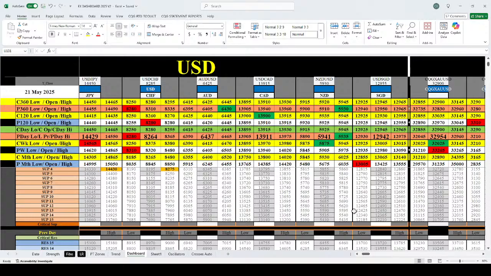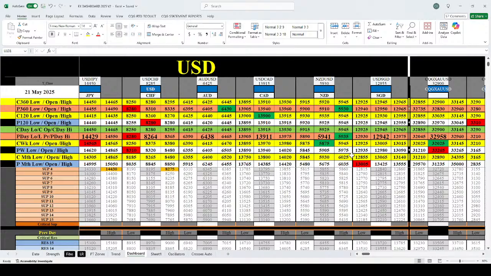Okay, now let me just see whether I put in the stop. The New Zealand right now is trading at 59.40.